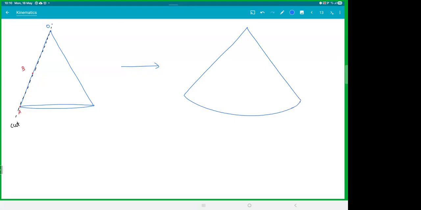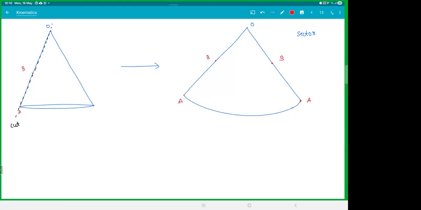Everyone agrees with that? This is also B. This is also B. Is this making sense? Now tell me, you want to go from where to where?